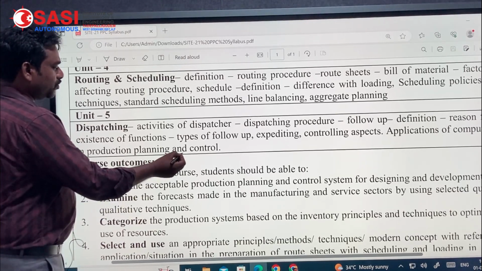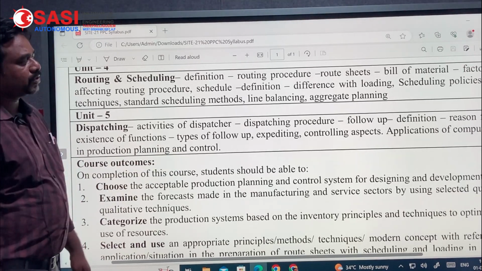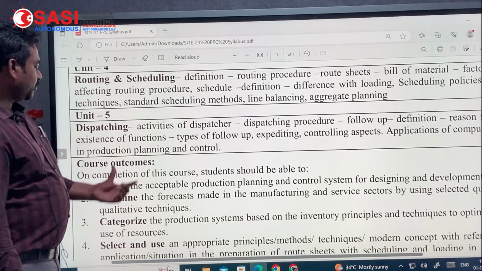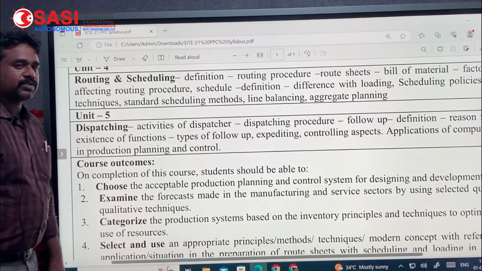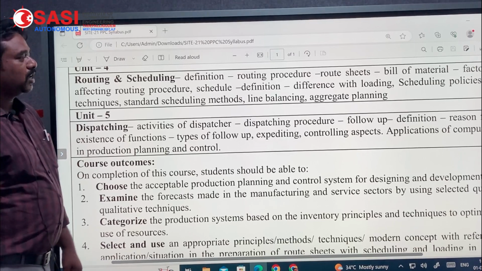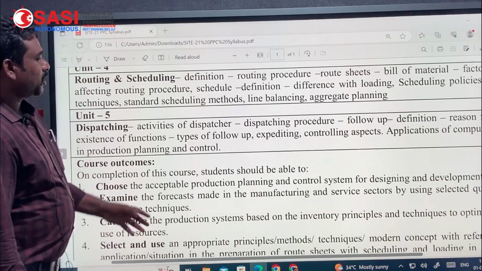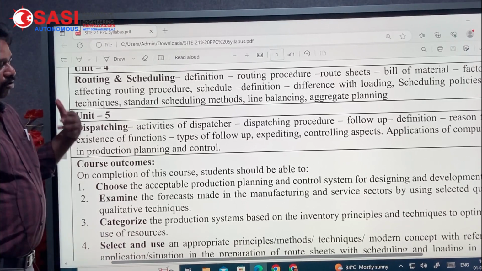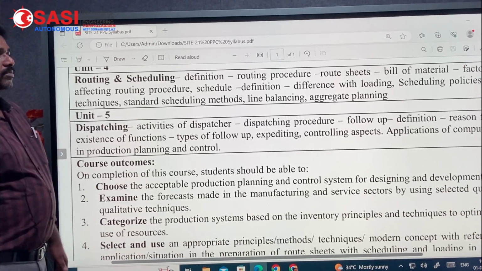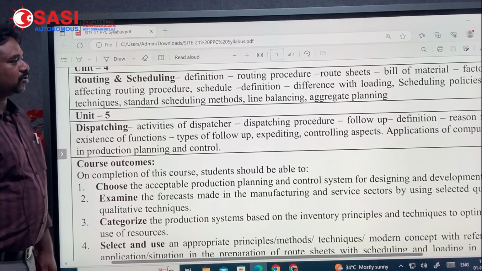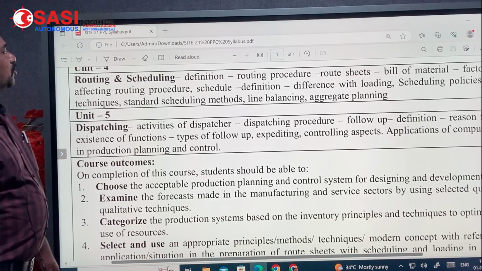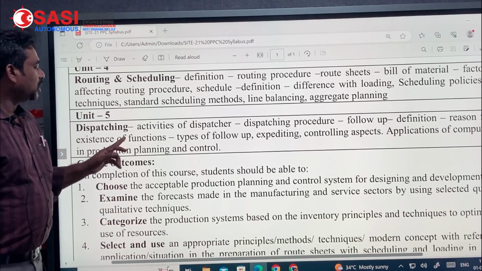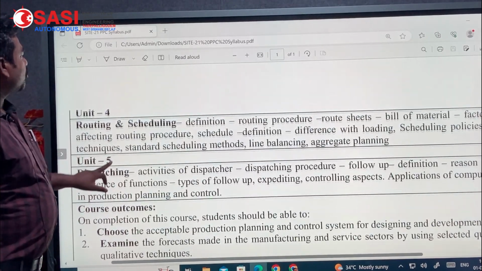And finally we are going to see how computers are used in various operations in the PPC. In the various operations of the production planning and control department, how the applications of computers can be used, like to find out some forecasting quantity, or to find out the best routing procedures, to prepare some schedules, and to prepare some orders and everything.